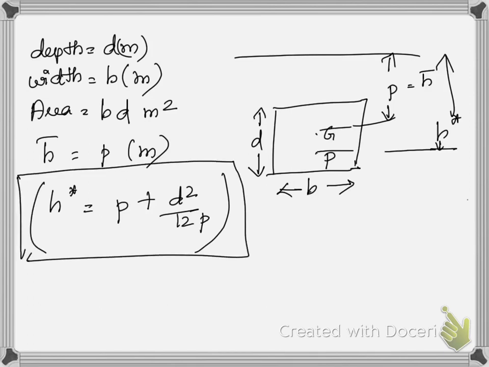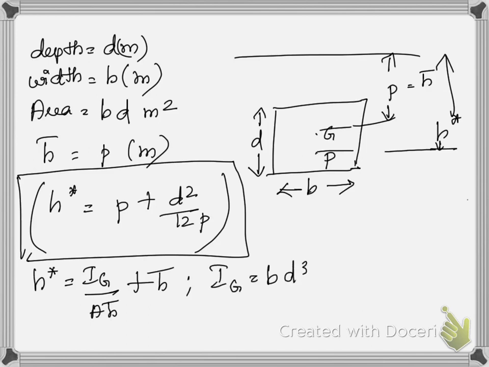In order to prove this, we have to write the formula. So what formula is that? Center of pressure formula. H star is equal to Ig by A H bar plus H bar. What is Ig? Ig is nothing but BD cube by 12. So again I am writing H star is equal to Ig by A H bar plus H bar.